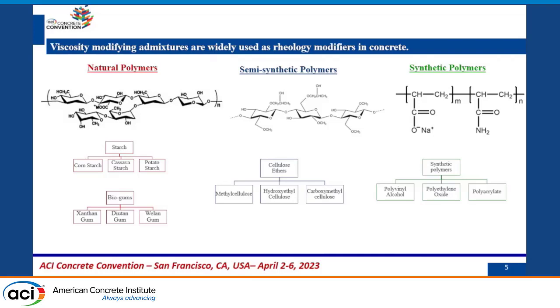Natural polymer is further characterized into 2 classifications: natural starch and also biogums, such as xanthan gum and cornstarch. The second family is semi-synthetic polymers, and the main member of this family is cellulose ether, such as methylcellulose and hydroxypropyl. And finally, synthetic polymers are there, such as polyvinyl alcohol and polyethylene oxide and others.